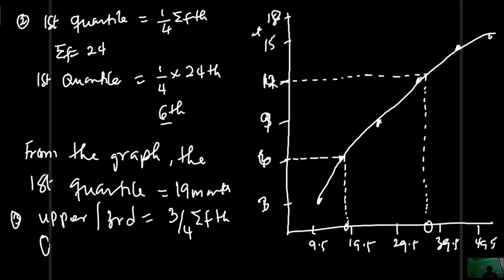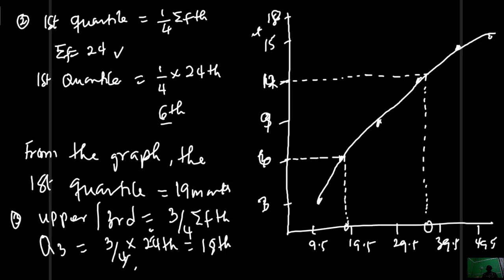So the upper quartile Q3 is equal to, based on our work, 3/4 times 24 position. So I think 18th position, because 1/4 here is 6, so 18 position.